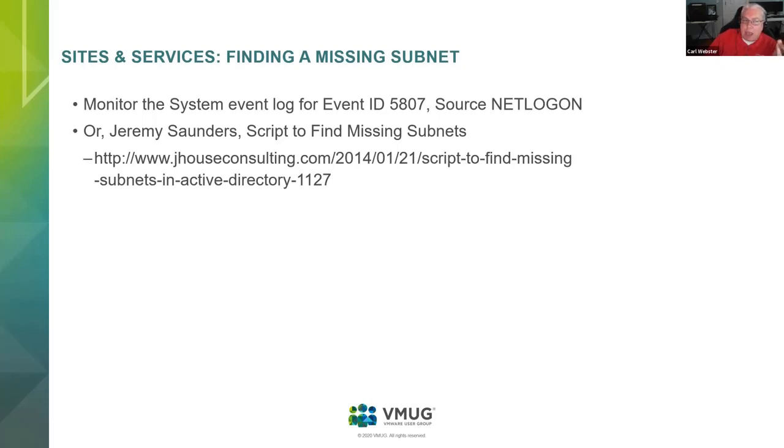So if you want to make sure that any new devices go to, say, your main data center's domain controllers, and say you're using the 10 dot IP scheme, you could actually have a 10.0.0.0/8 and associate that with your main data center AD site.